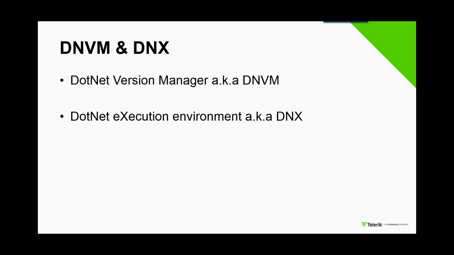So you can manage, as the name says, versions. You can actually run the same ASP.NET web application under different runtimes. You may have the same application running against 1.0 of Core CLR, and you can run the same application in another shell targeting maybe 1.1, which is coming up, runtime.